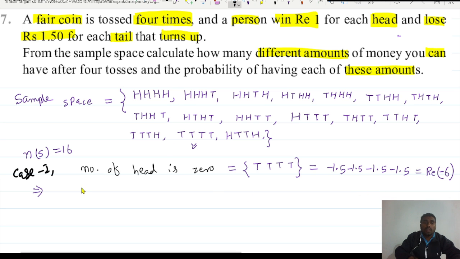Case number two. Let us discuss that if one head is there, let us consider case number 2 when the number of heads is, let us suppose, 1. So can you write the situations here? Head 1 we have to count.